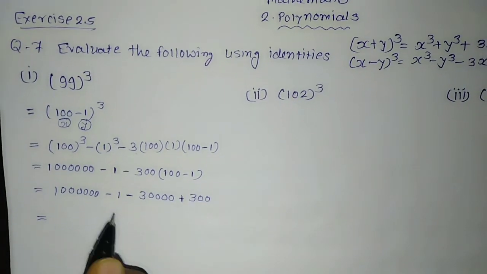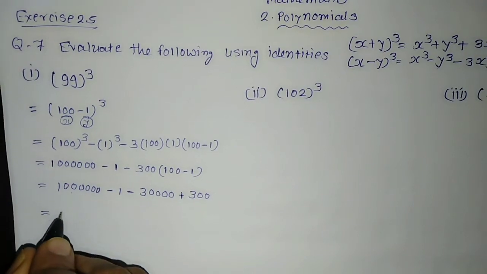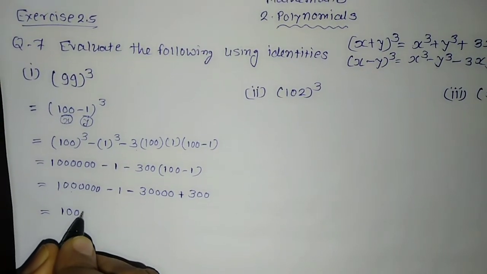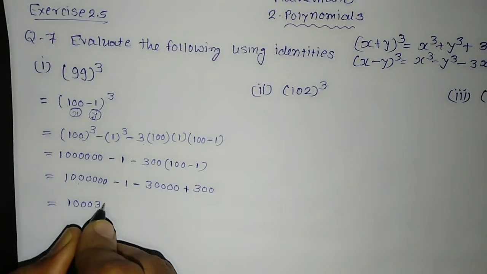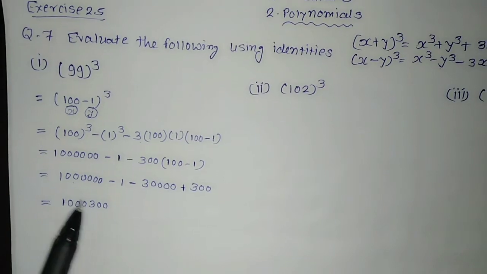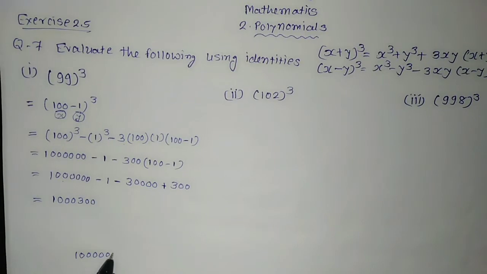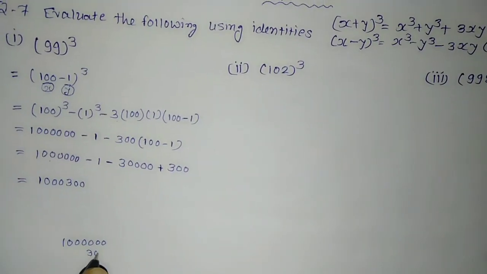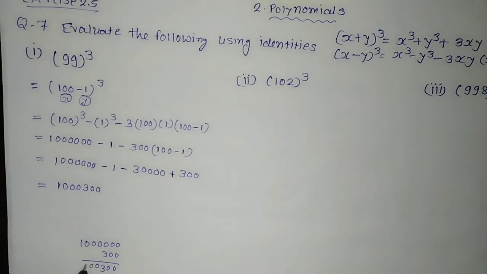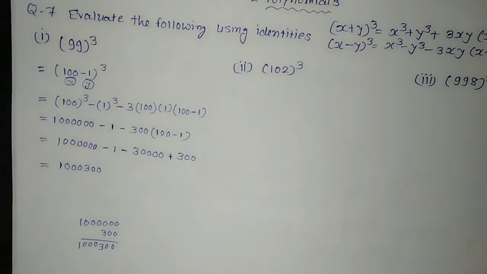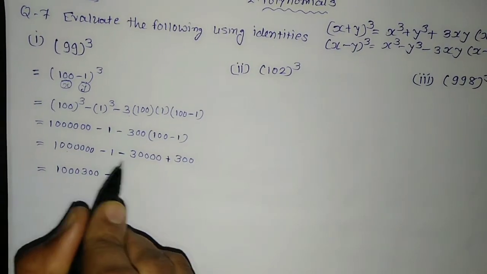Now this is with the plus sign and this is with the plus sign, so we'll do the addition of both of them. We know how to add them. The 1,000,000 and this 300 will be added, so it is 1,000,300. Then this is minus and this is also minus.